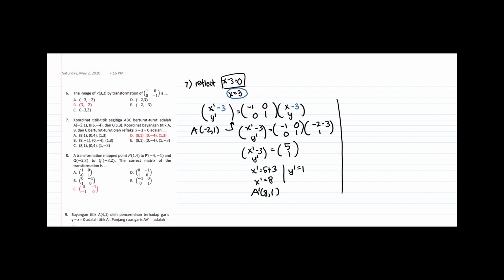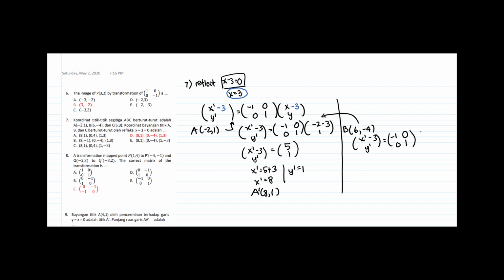Okay, now for B. B is (6, negative 4). Okay, B, put it right here. So it will become x accent minus 3 and then y accent equals (negative 1, 0, 0, 1).